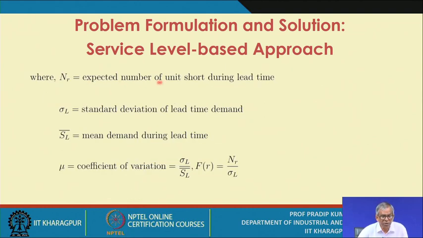NR is the expected number of units short during lead time. We are bothering only about the lead time demand, because we are referring to the Q systems of inventory control. There is a possibility of stock out only during the lead time for a Q system. Sigma L is the standard deviation of lead time demand, SL bar is the mean demand during lead time, and mu is the coefficient of variation, sigma L by SL bar.